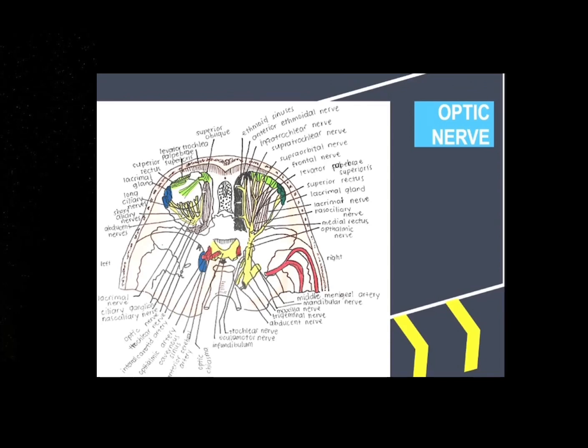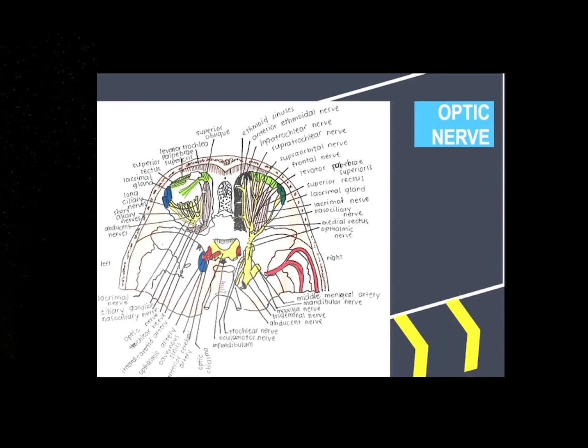The nasociliary nerve arises from the ophthalmic division of the trigeminal nerve. It enters the orbit through the lower part of the superior orbital fissure. The abducens nerve enters the orbit through the lower part of the superior orbital fissure. It supplies the lateral rectus muscle.